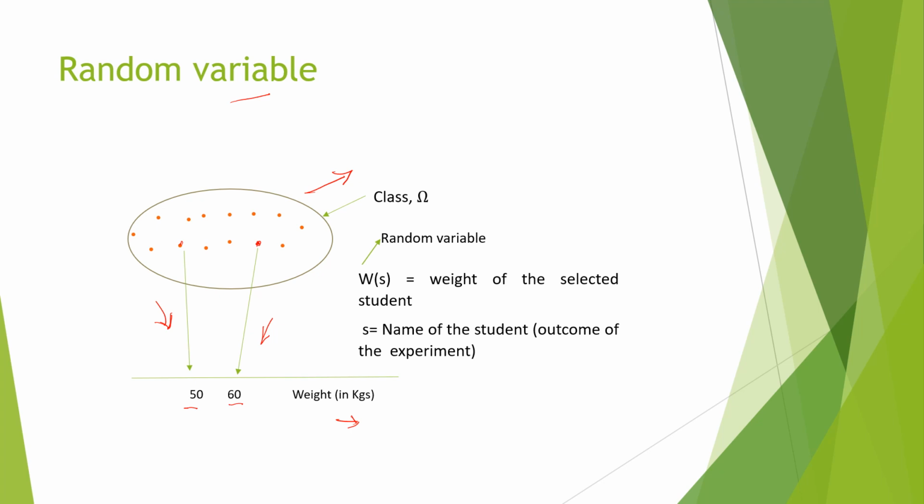So if you denote the random variable with W(S), the capital W indicates the weight of the student and S indicates the name of the student. So the randomness here lies in the way we pick up a student. But the value of the outcome is a real number, which we have to understand here. So randomness lies in the way we pick up an outcome. In this case, we pick up a student.